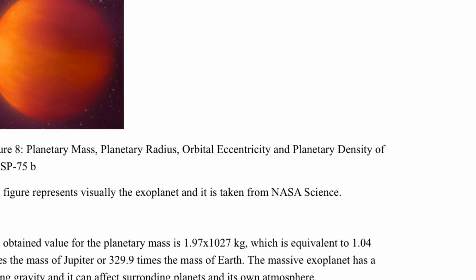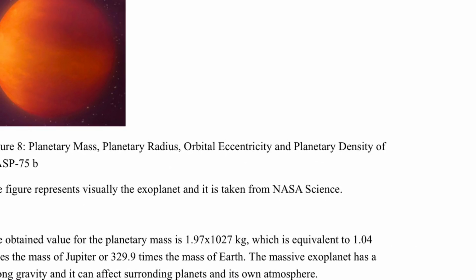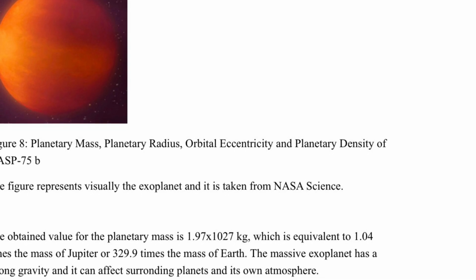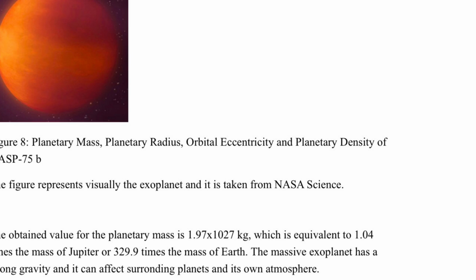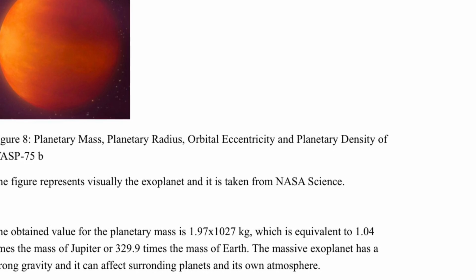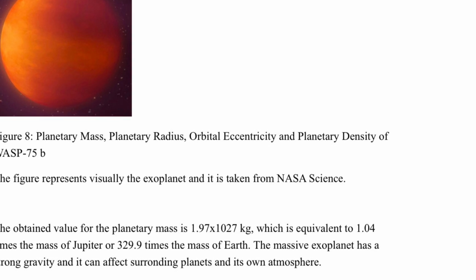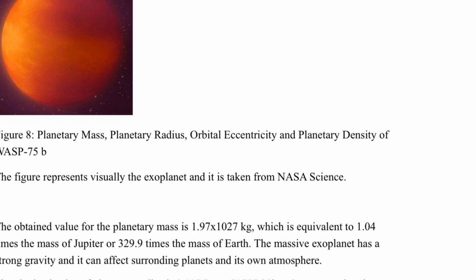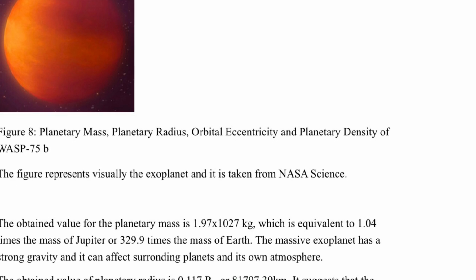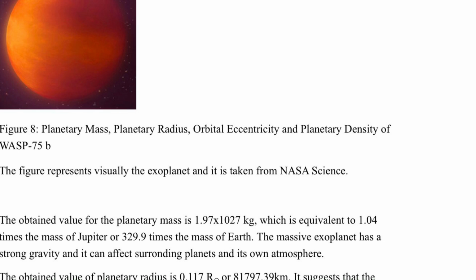The planetary mass is the total amount of matter in an exoplanet, and it determines the gravitational influence on the host star, its internal structure, and its atmospheric retention. The obtained value for this parameter is 1.97 times 10 to the power of 27 kilograms, which is equivalent to 1.04 times the mass of Jupiter, or 329.9 times the mass of the Earth.